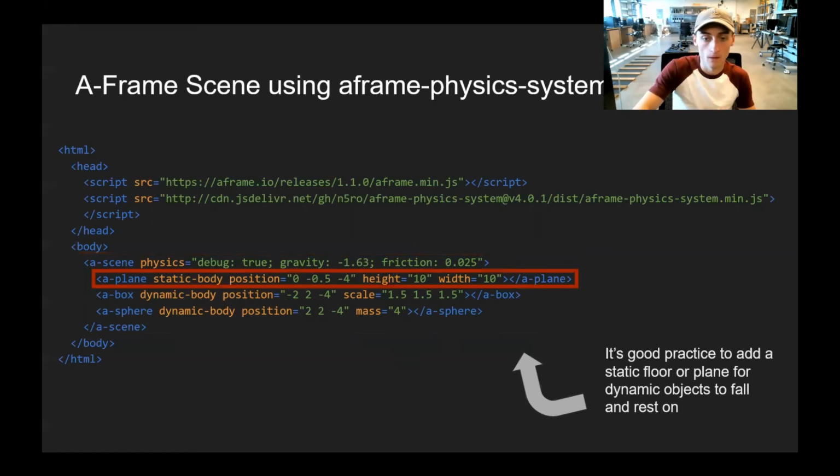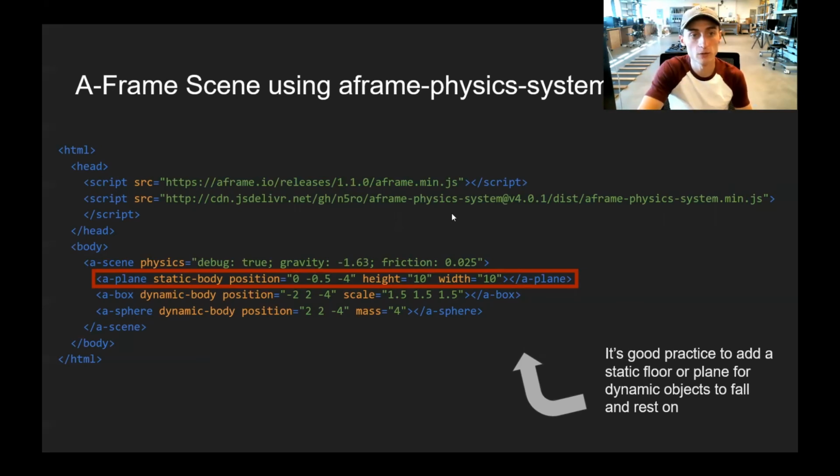The next thing is I added an a-plane to the scene, and you can think of this as the ground of the scene. It's really good practice to do this, because if you have dynamic objects that are affected by gravity, they won't just fall from the scene and disappear forever.